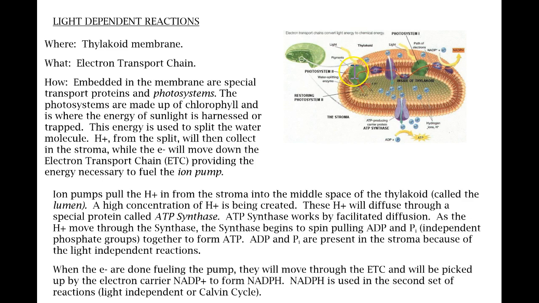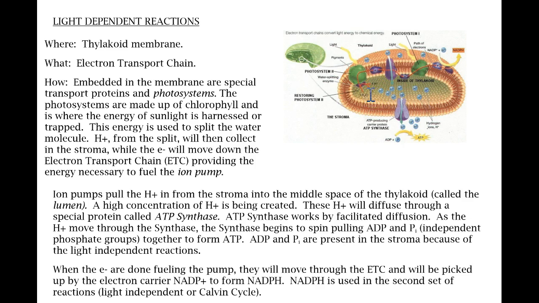Now notice that there's two green blobs, and these green blobs are called photosystems, and their purpose is to trap the energy of sunlight and use that energy of sunlight to either split water or to re-energize the electrons, recharge them, so that they can power the pumps and move on to make ATP.